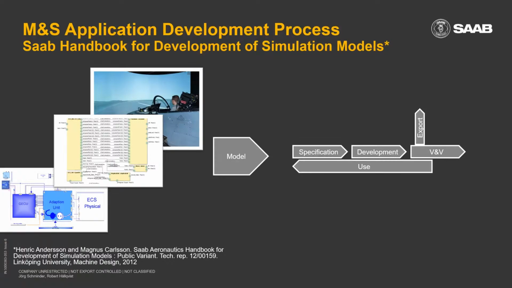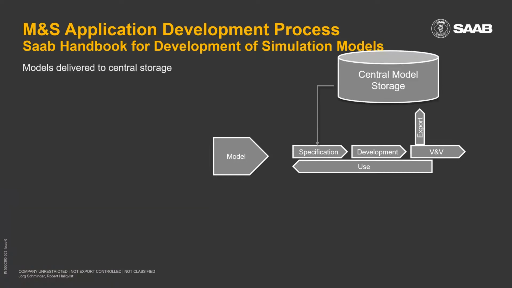Then we go into the actual model development, where we connect component models into a subsystem model. We do verification and validation. We get feedback to refine our specification, and once we're ready, we export the model to a central model storage.